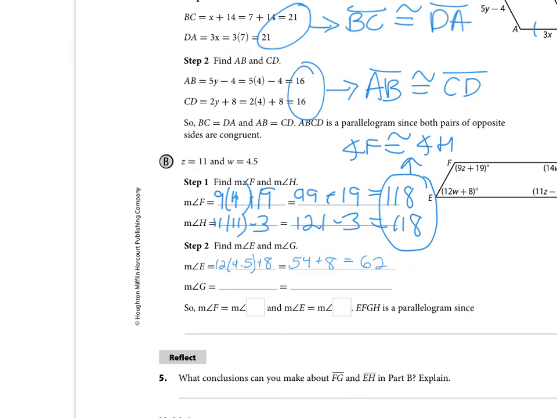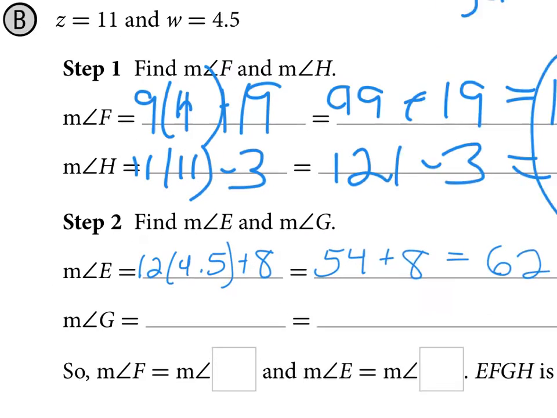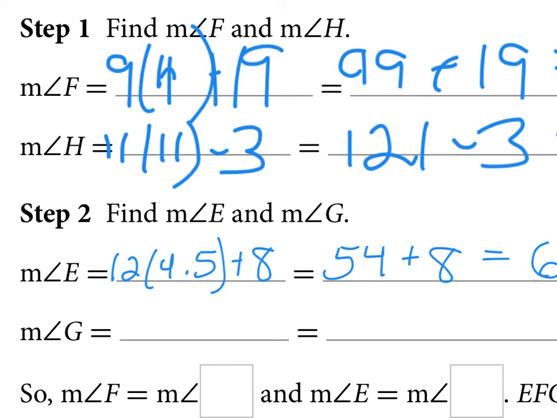Now we're going to plug 4.5 in again into the opposite angle for E, which is, of course, G. So we're going to plug in 14 this time, times our 4.5, and we're going to see whether that minus 1 gives us what we need. 14 times 4.5 is 63, minus 1 also gives us 62.